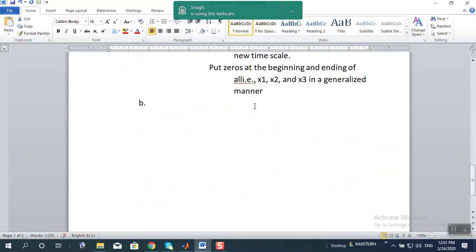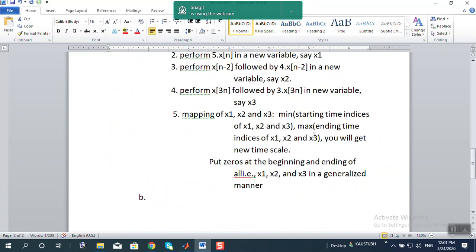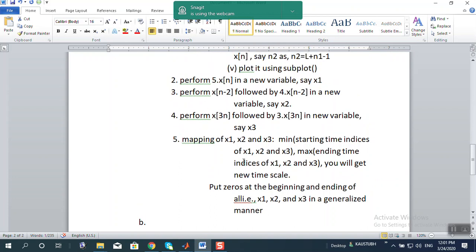Okay, so after this you will be ready with the starting and ending times of all three, as well as the lengths of x1, x2, x3. So finally you can add them up: y is equal to x1 plus x2 plus x3, and plot it.